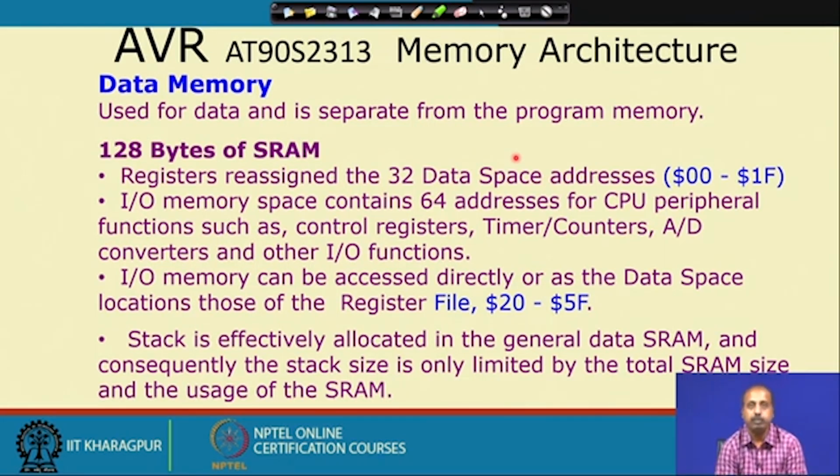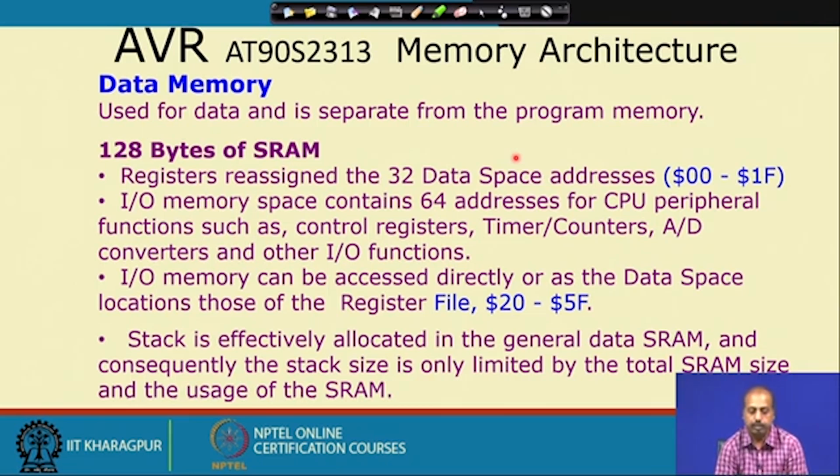Then the IO memory space contains 64 addresses for the CPU peripheral functions. 64 locations are dedicated to control registers, timer counter, AD converter, and other IO functions. This IO memory can be accessed directly or as data space locations.